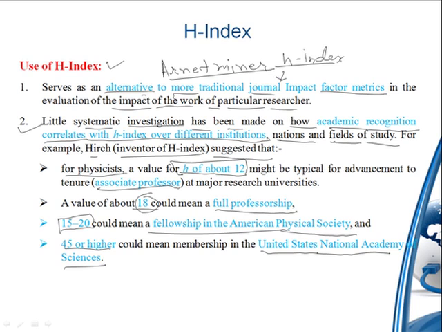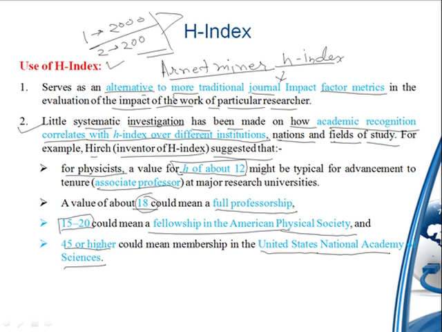But there may be several problems with H-index. Suppose a person publishes one paper and has a citation total of 2000. Similarly, a second paper has a citation of 200, and after that he left the research.